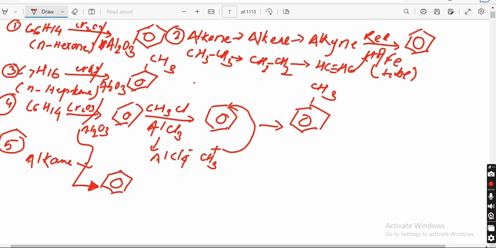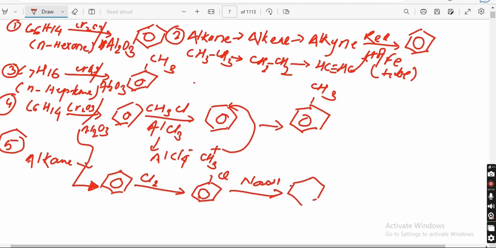After that, we can carry out Dow's process. You know Dow's process? That is your chlorination of benzene. First of all, we'll react this with chlorine in the presence of chlorine carrier, Fe, to produce chlorobenzene. Then we have to react this with NaOH to produce ONa.